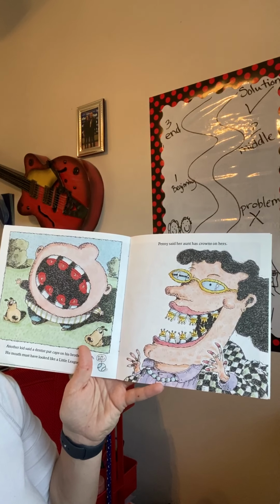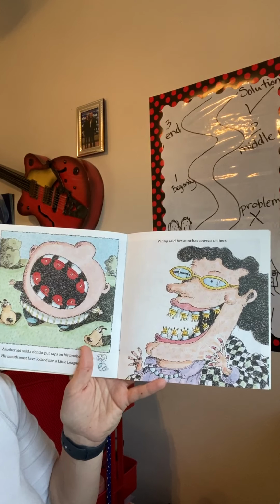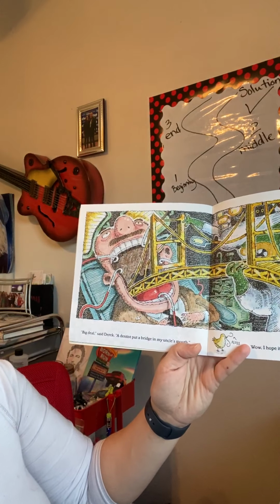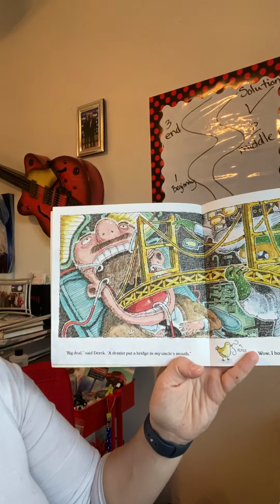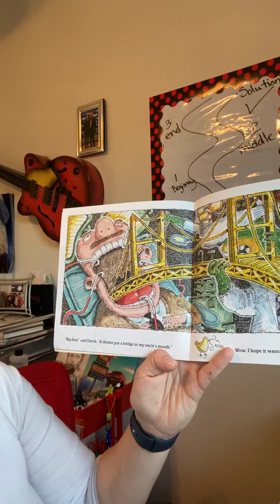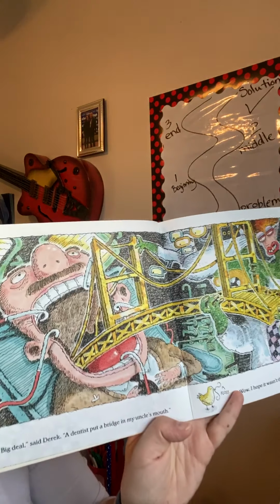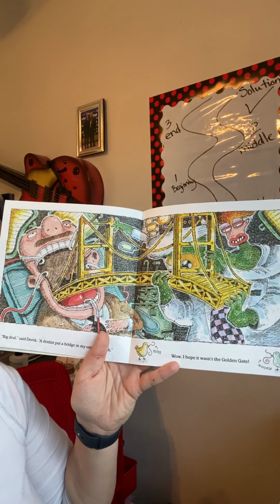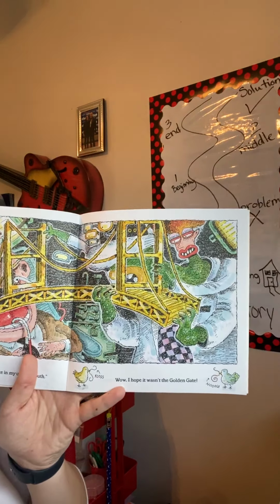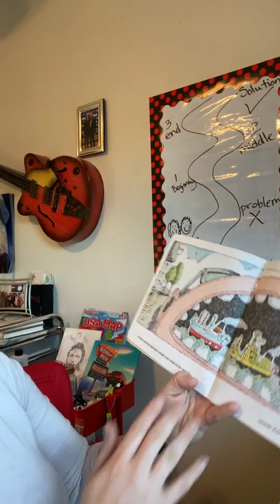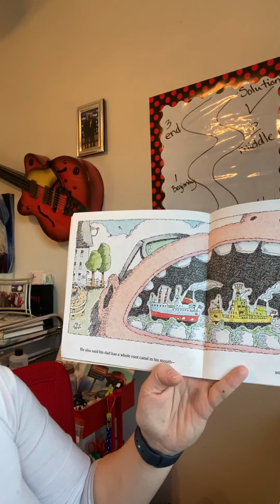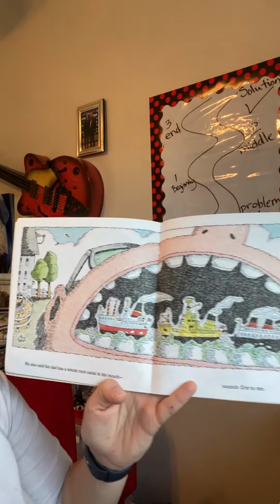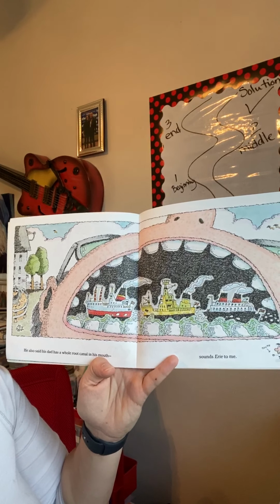Penny said her aunt has crowns on her. Big deal, said Derek. A dentist put a bridge on my uncle's mouth. A bridge. Wow. I hope it wasn't the Golden Gate. He also said that Dad has a whole root canal in his mouth. Sounds eerie to me.